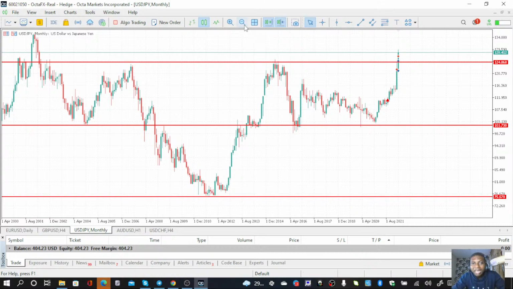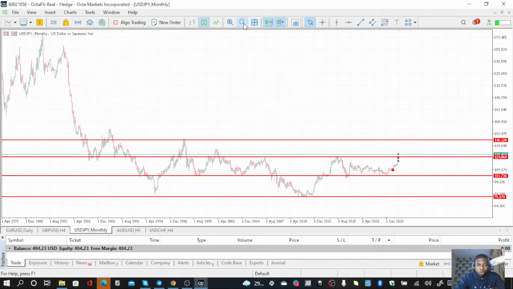Now we want to look at the weekly time frame, because the monthly time frame has given us a picture that the market was previously consolidating within this resistance and support level, and now the market has broken through the resistance level.